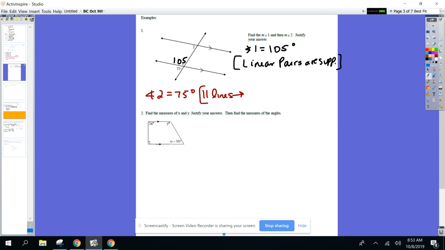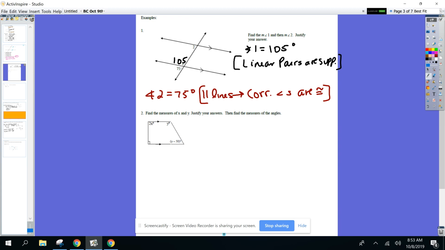So parallel lines imply... what type of angle do you have, Eric? Corresponding angles are what? What's the fact if the lines are parallel? The corresponding angles are congruent. And this is exactly what I'm going to expect in your reasons column when we start doing proofs again tomorrow. So parallel lines imply corresponding angles are congruent.